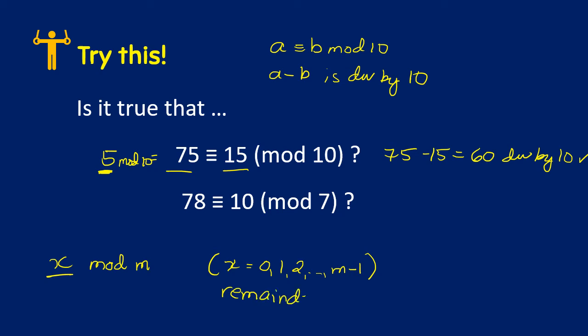When you divide by m, the remainder has to be less than m. Anyway, let's look at this one: is 78 congruent to 10 mod 7? 78 minus 10 is 68, and 68 is not divisible by 7. So the answer is no.